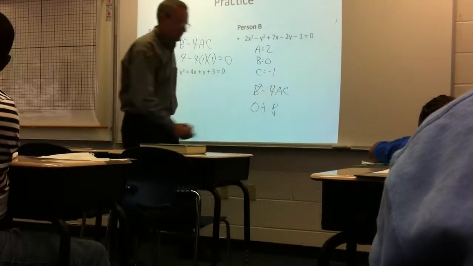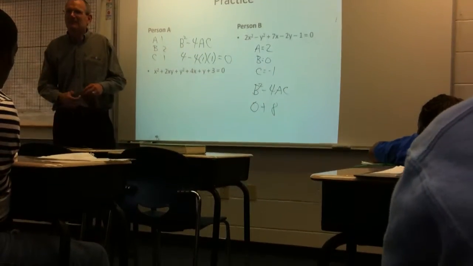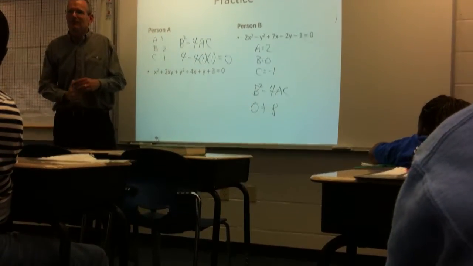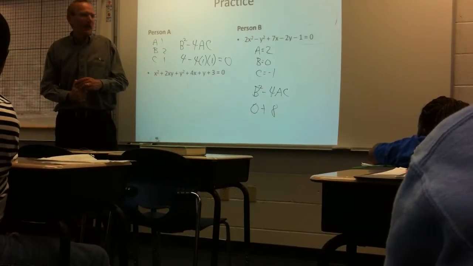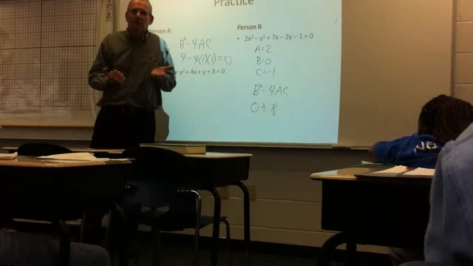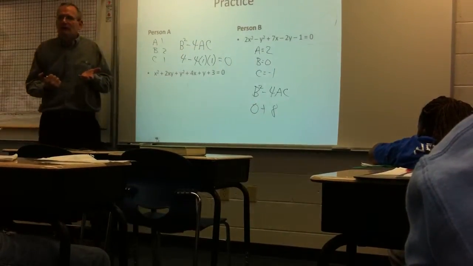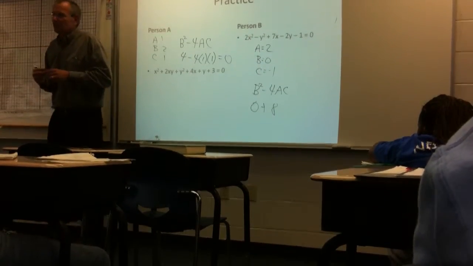So it's plus 8. Now what does it show up to be? It's positive. It's greater than 0. Does it show a hyperbola in that equation also? Okay, so it doesn't matter. You see, it really doesn't matter which equation you use. It'd better work on both of them. Okay. Got it?